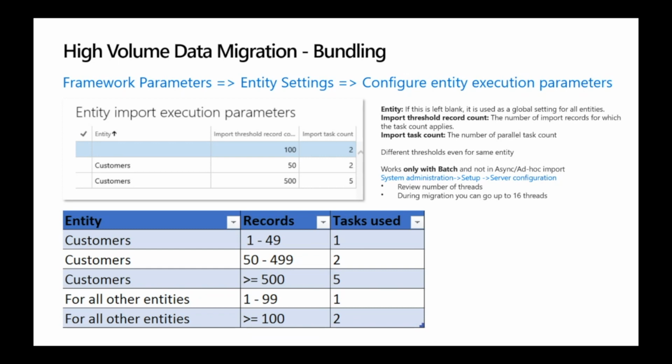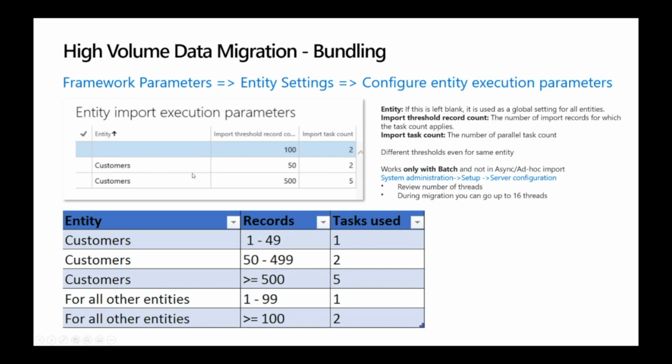and it means that we will be importing all entities single threaded. So if we want multi-threaded imports, the first thing we need to do is make sure that we set up some thresholds. Parallelism only makes sense if you have large volumes. So typically you would see entries like: if I want to import more than 50 customers, then I'm going to use 2 tasks instead of the default 1 task.